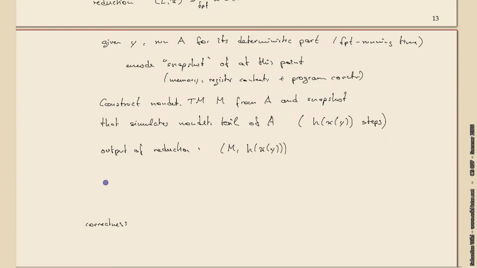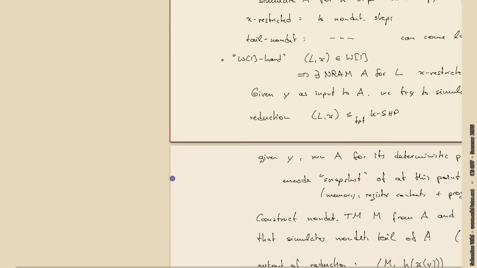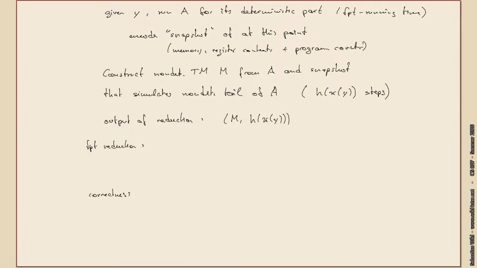Maybe we should write down it's an FPT reduction because the reduction takes FPT time. That's from this part up here. That's parameter preserving. That comes from here.